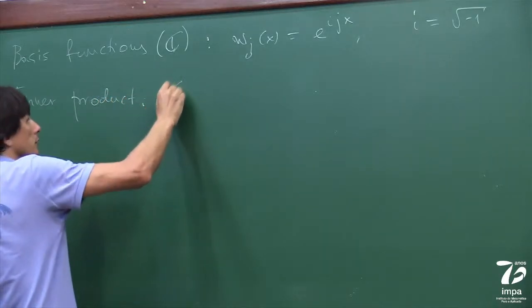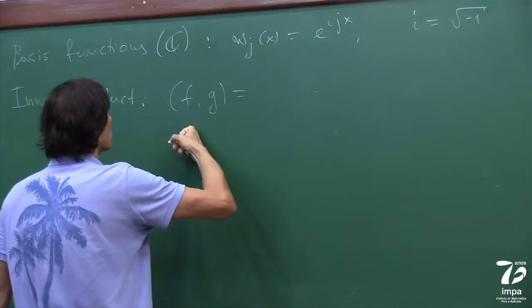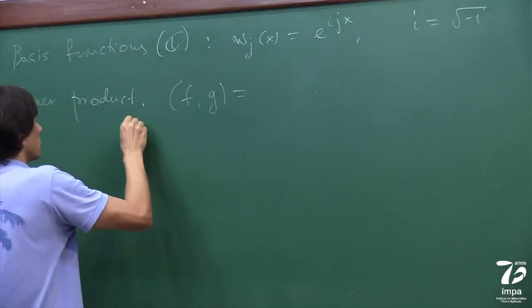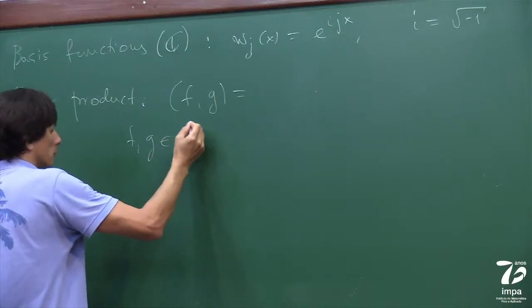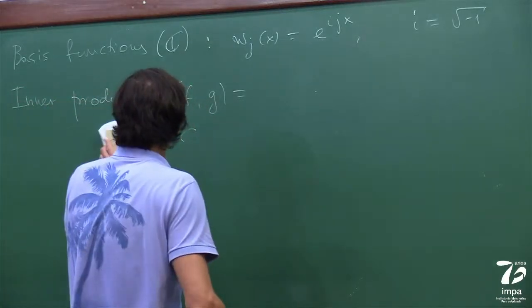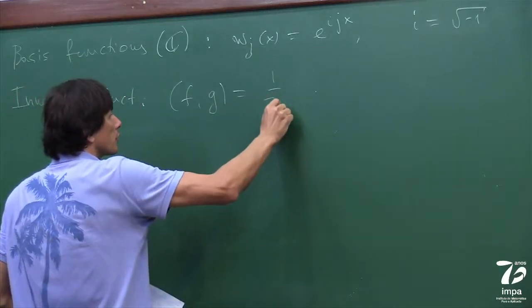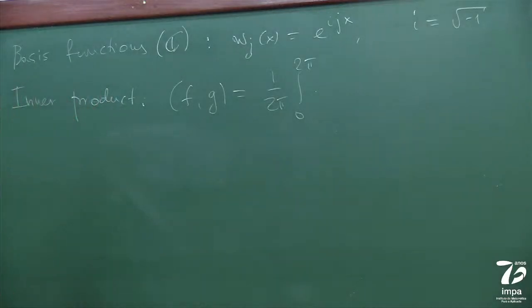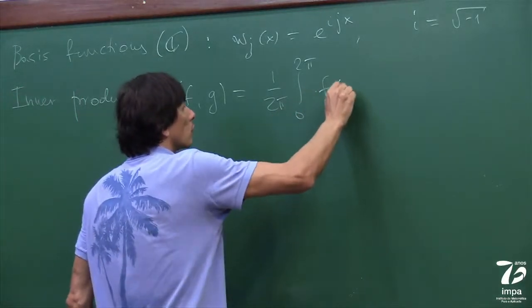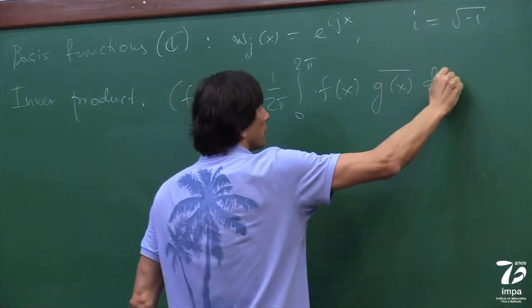If you take two functions, the inner product is the integral divided by 2 pi of f of x times g of x complex conjugated dx.